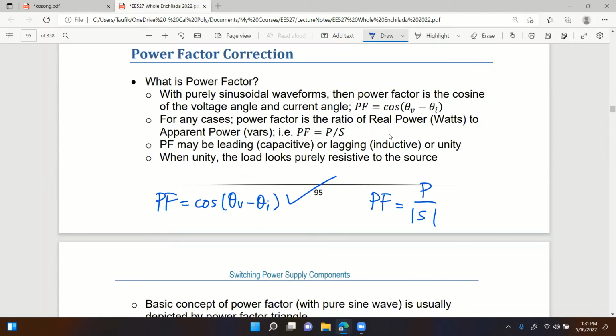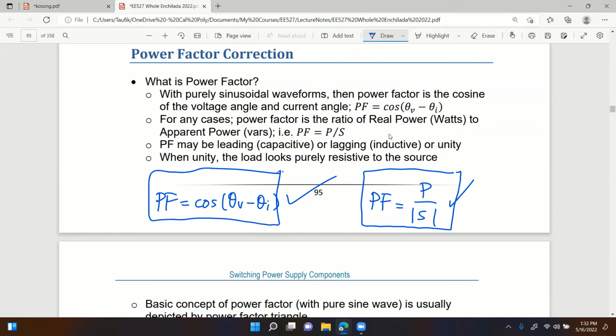This equation works for any type of waveforms, any type of circuits, linear, nonlinear, sinusoidal, non-sinusoidal. So be careful, this one only works for sine waves. Then power factor may be leading or lagging, or could also be unity power factor.